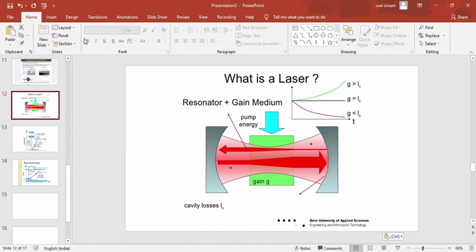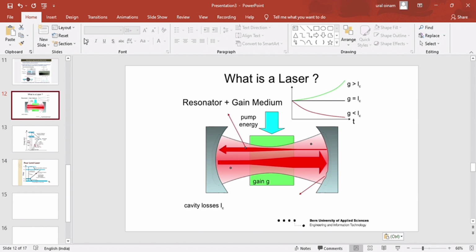So as it gets reflected up and down, it creates stimulated emission. And one of these mirrors will have about 5% transmittance, so 5% of the photons being generated can pass through it, and that becomes the output laser.